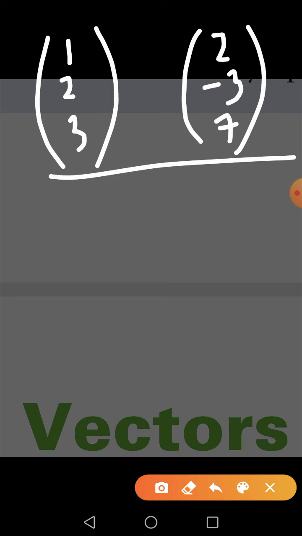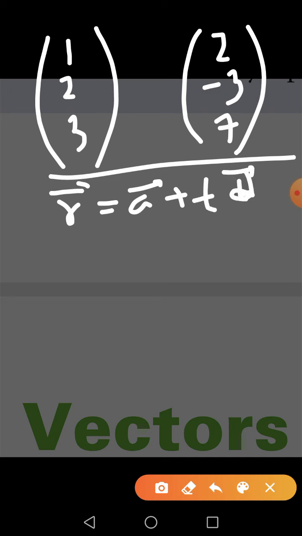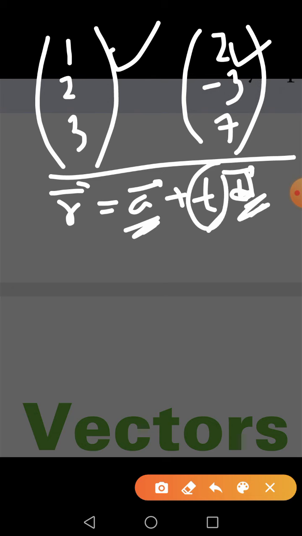Now remember the format, that R is equal to A plus TD, where A is a given point or the position vector of a given point, and we have 2 of them here. We can use any one of them, and T is the number of steps which we don't know, and we also don't need to know.